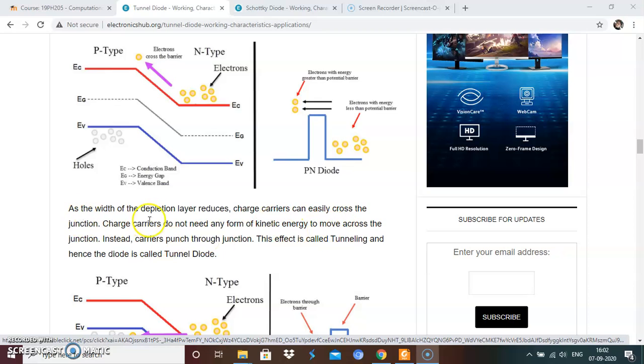As the width of the depletion layer reduces, charge carriers can easily cross the junction. Charge carriers do not need any kinetic energy to move across the junction. This effect is known as the tunneling effect.